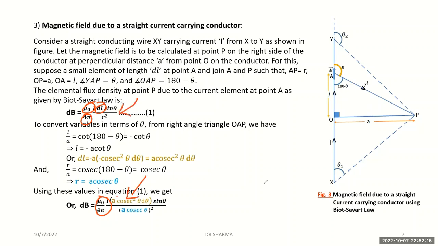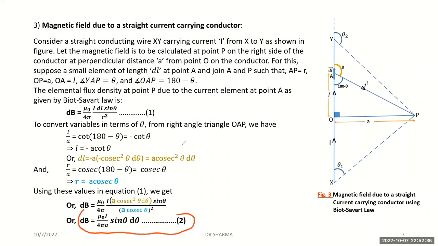Sin theta is the same here, and r is converted to a cosec theta. Now simplify this and get an expression with a single variable theta, such that you can integrate the equation to get the total magnetic field at point P due to the whole conducting wire XY.